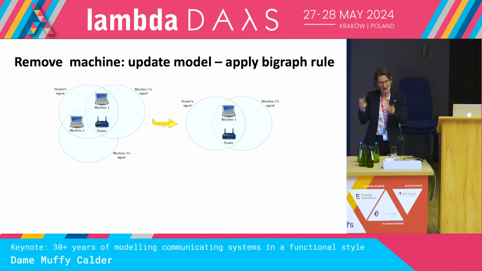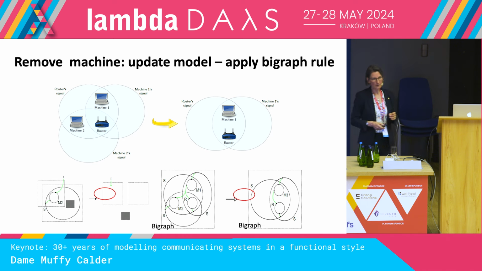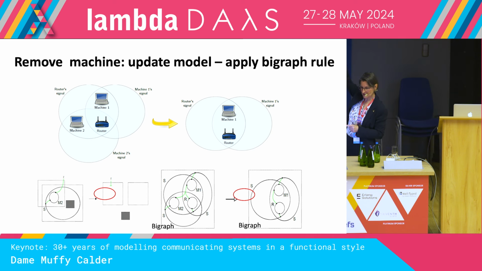There's a picture up top, and down the bottom is the bigraphical representation of that. On the left is the rule, on the right is the application of the rule. And you see those two red ovals? I have no idea where they came from, and they are a mistake.